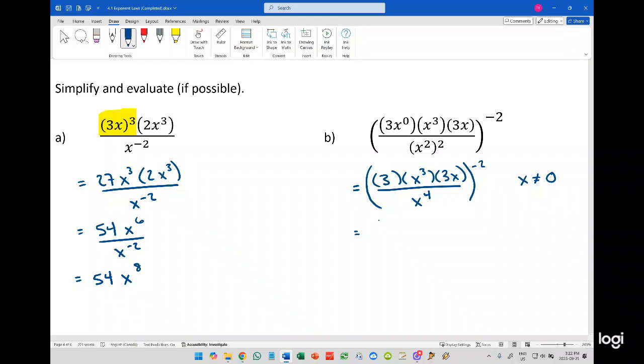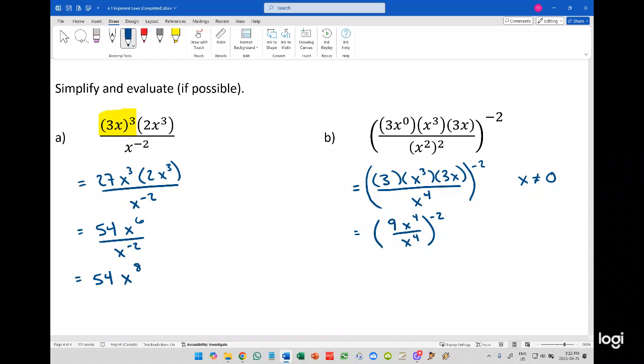Now I can simplify that a little bit. On the top, I have 3 times 3 is 9. X cubed times x is x to the 4th, divided by x to the 4th, all to the negative 2. And I can use either my power divided by a power rule and say x to the 4 divided by x to the 4 is x to the 0, which is 1.